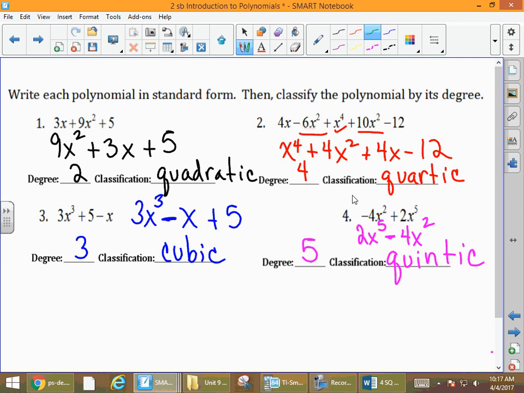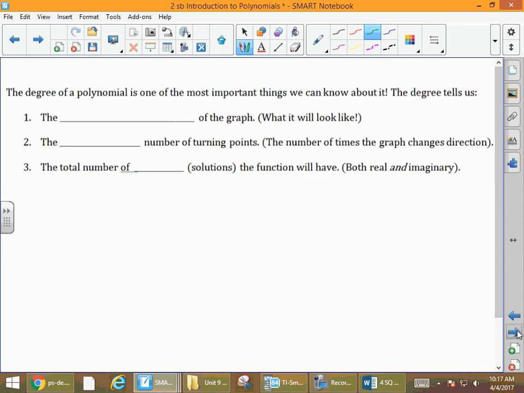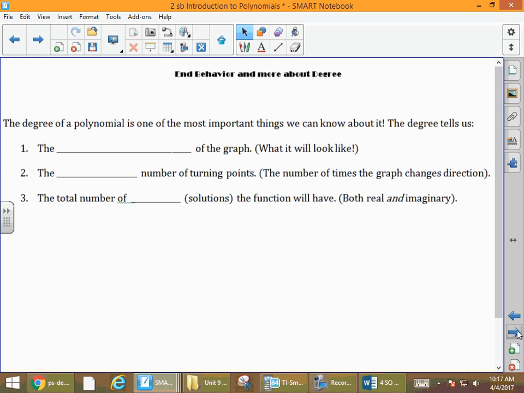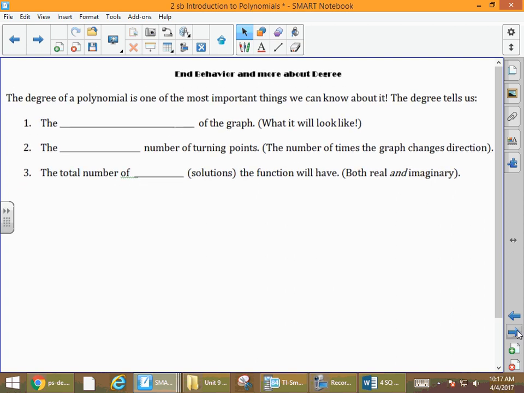Got it. Okay. So we flip our page here. What we've done now is we've got the names of the polynomials. But we're going to look at the end behavior, and more about the degree. And the degree of a polynomial is one of the most important things that we can know because it gives us some information.